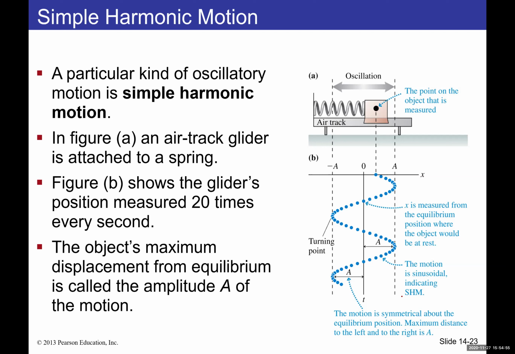a spring system. You can see here an air track glider attached to a spring. The air track is important because it creates a frictionless surface. This is something we also do in experiments in class. Whenever we have an actual experiment in class, we can use an air track where the air coming out of the small holes represents, as close as we can get, a frictionless surface.